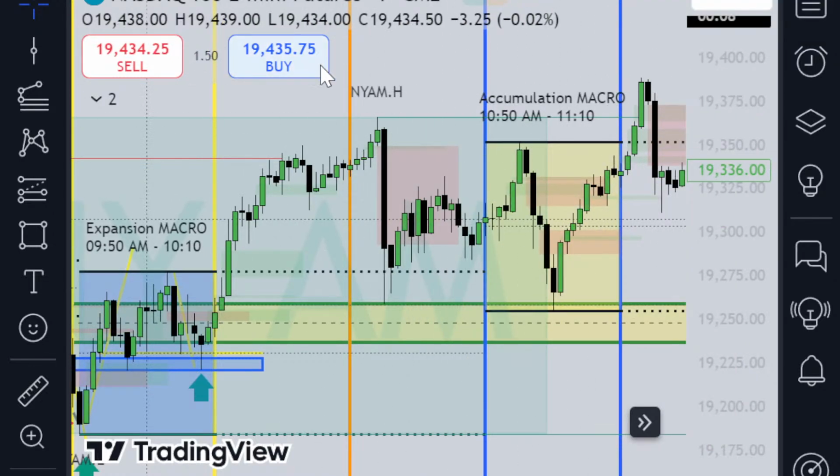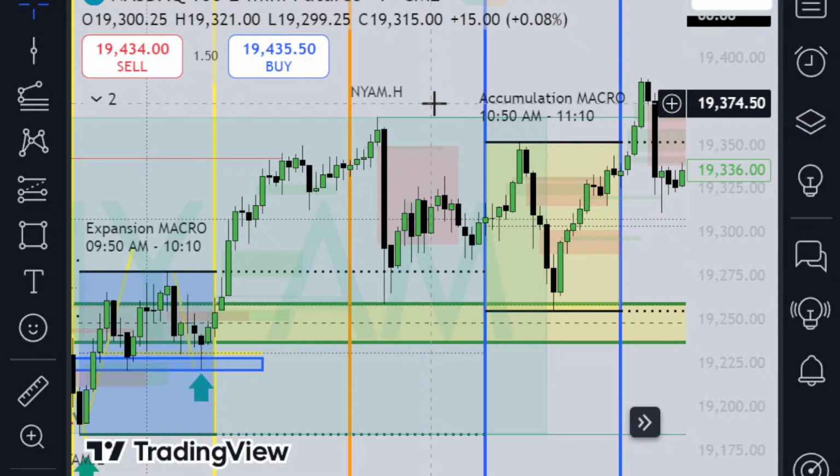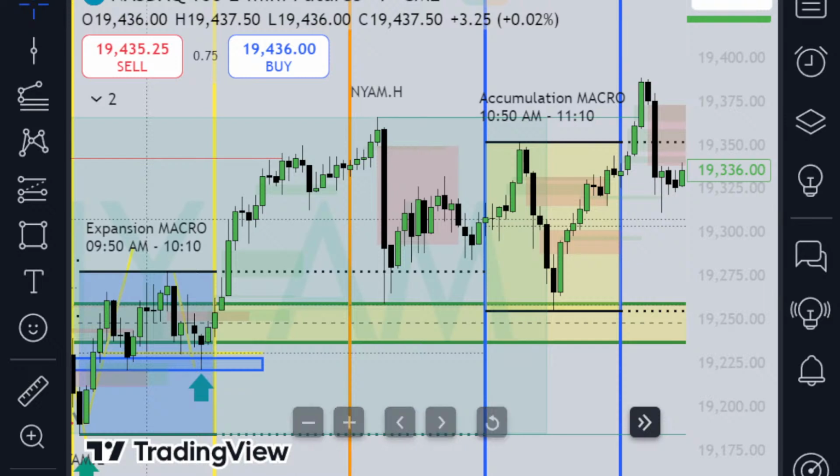So what happens is, at the end and the beginning of a 1 hour candle, you have some type of manipulation, and then we go the opposite direction. So it normally falls right in the last 10 minutes and the first 10 minutes of the candle.